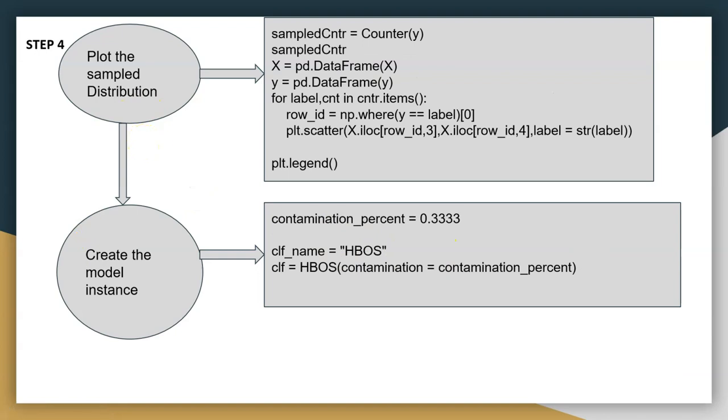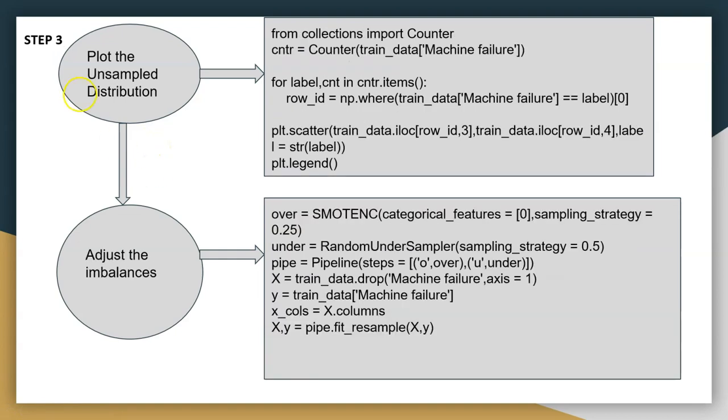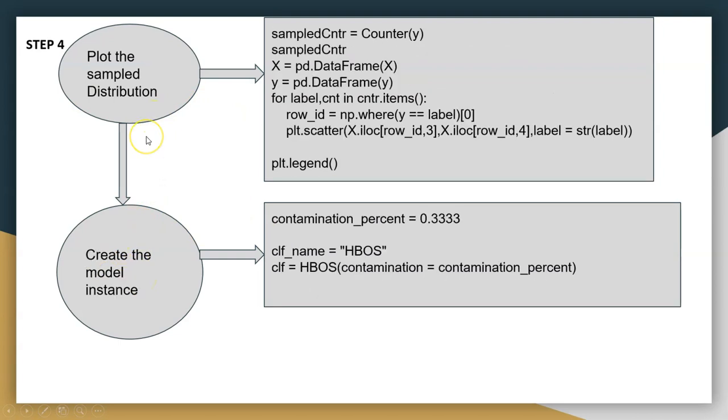We saw that before and after scenario, right? That's what I am doing here. I first plot the distribution that exists with the imbalance. I adjust the imbalance and then I plot it again to see the before and after scenario. After this, I create the model instance. Here I am giving a contamination percent of 33%.